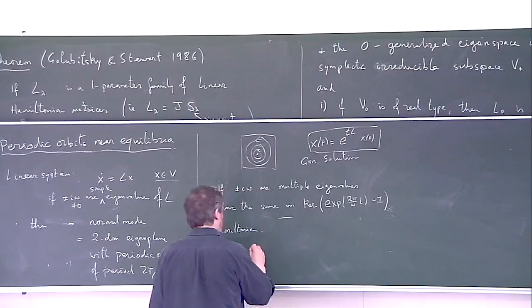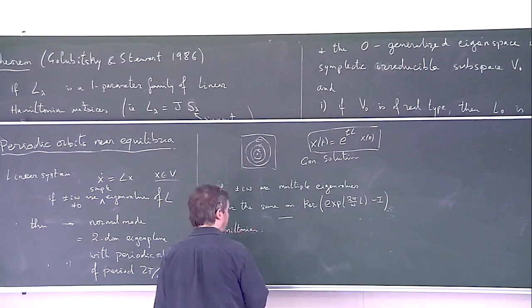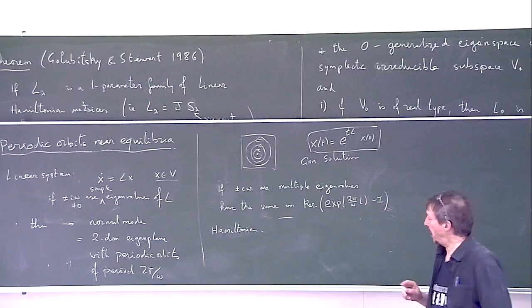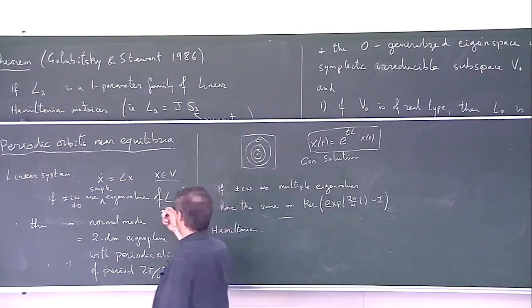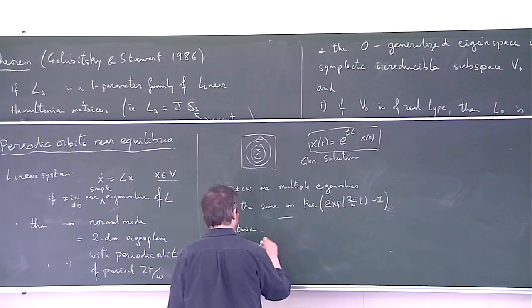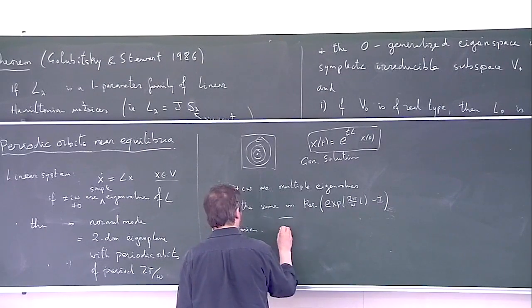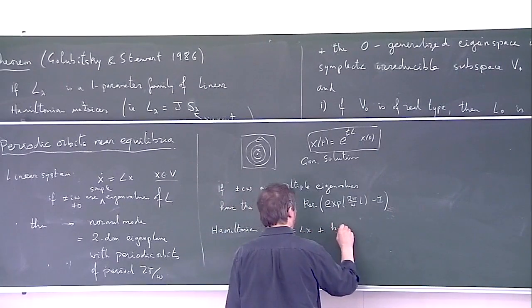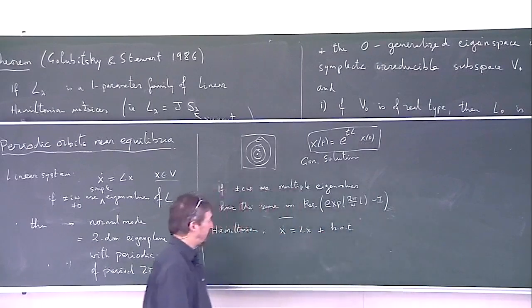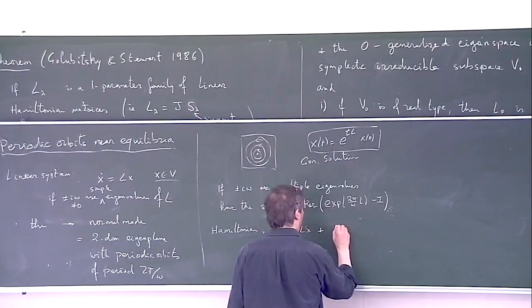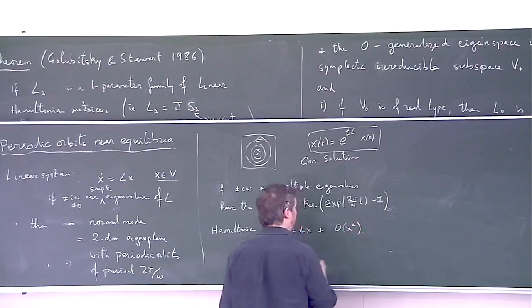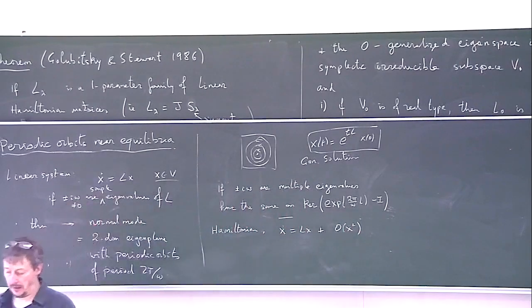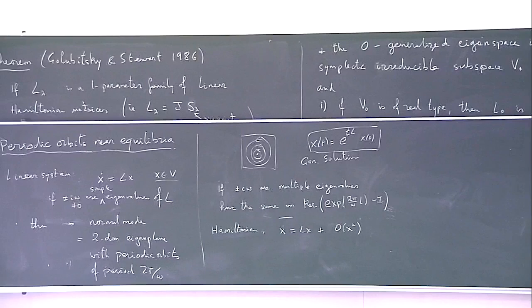So now suppose we take a Hamiltonian system which has, okay, so I want to ask about periodic orbits in the nonlinear system, not just in the linear system.